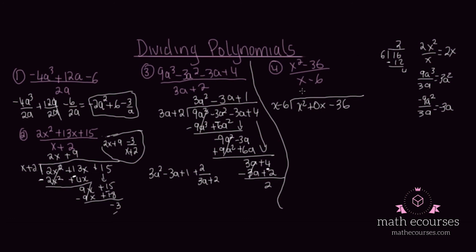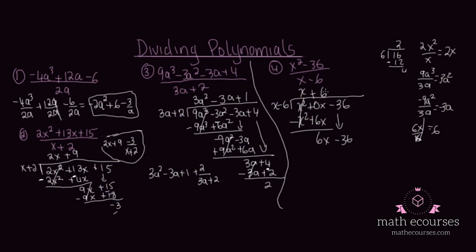So now I'm ready to divide. X squared divided by x is x. X times x is x squared. X times negative 6 is negative 6x. Change your signs. That's going to cancel. 0 plus 6 is 6x. Drop that 36. 6x divided by x. 6x over x is just 6.